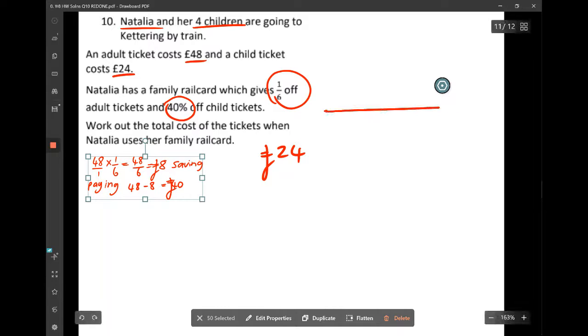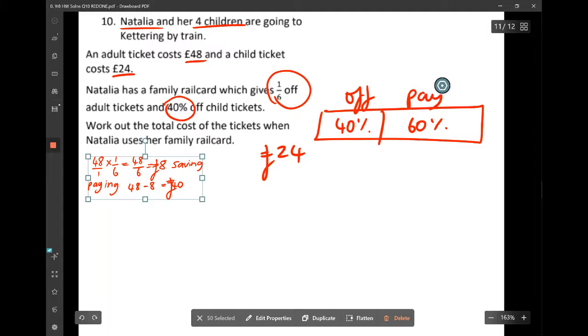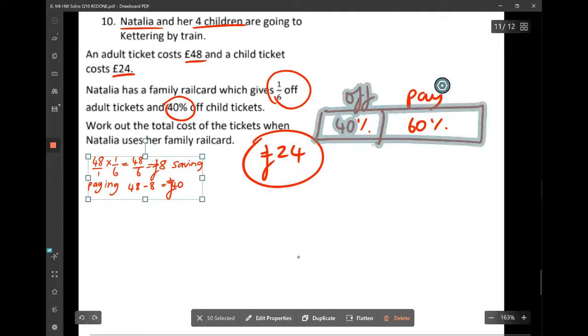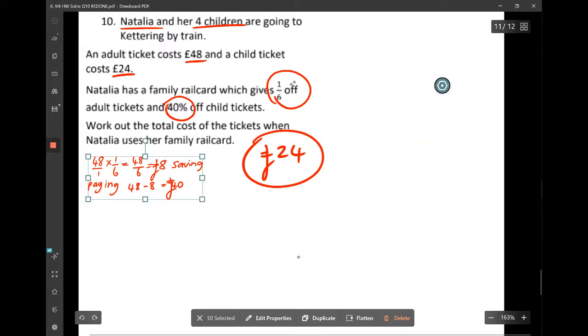If you were to show this as a percentage bar, 40% off, so 60% is what she has to pay. So we need to now find 60% of 24. There are lots of different ways to do this. I'm going to use a percentage bar.